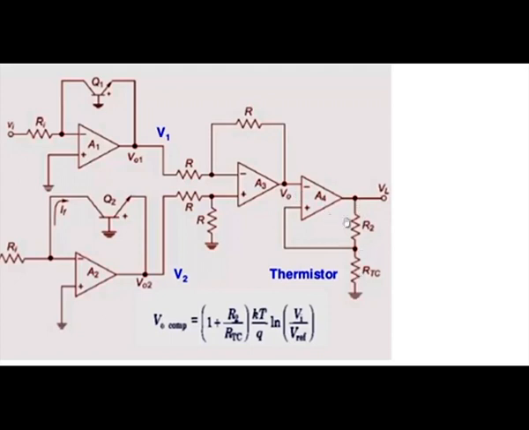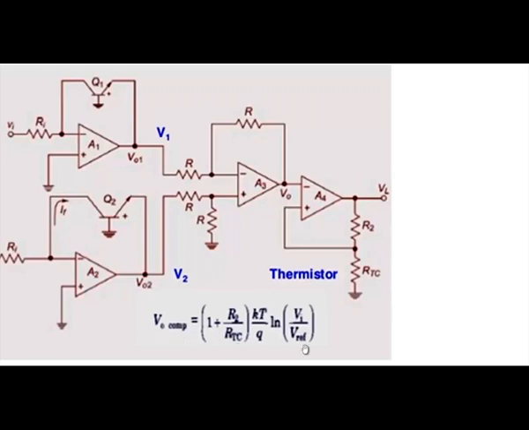Here in the input side of the inverting amplifier, a thermistor is connected. The function of the thermistor is that for a change in the temperature, its resistor value also changes. If there is a change in the temperature in a positive direction, then the corresponding change will be experienced by this thermistor and the resistor value will change.